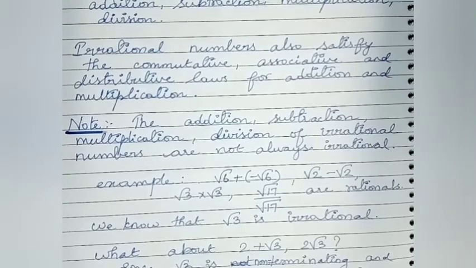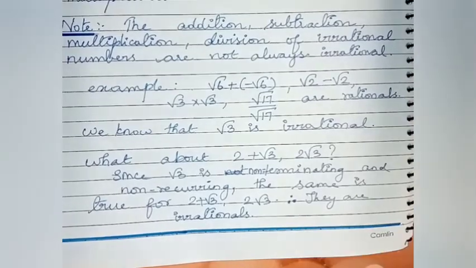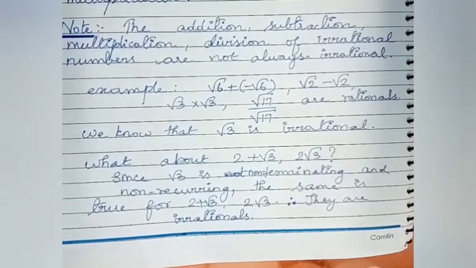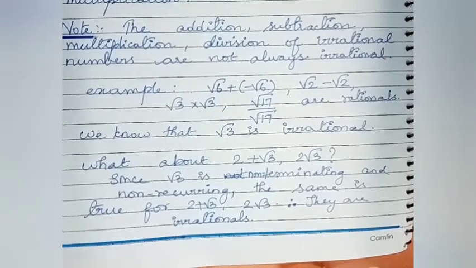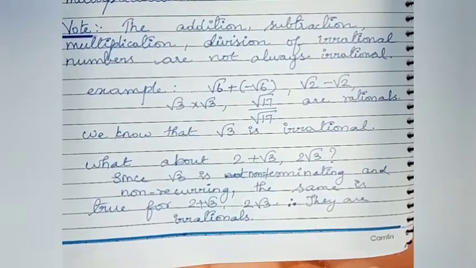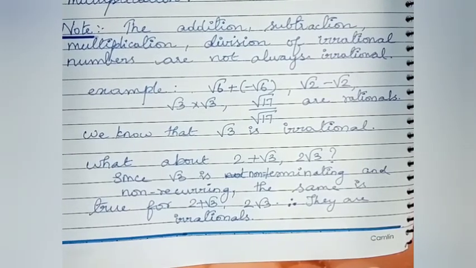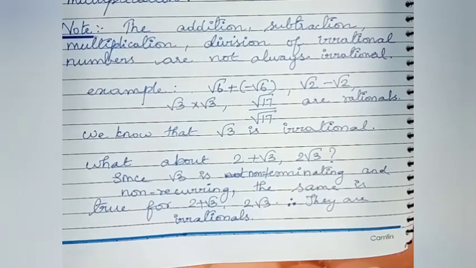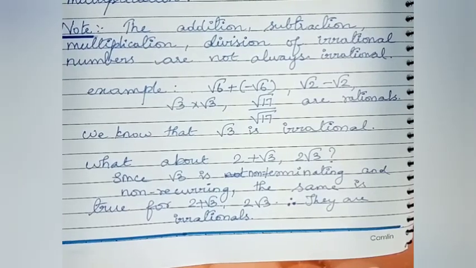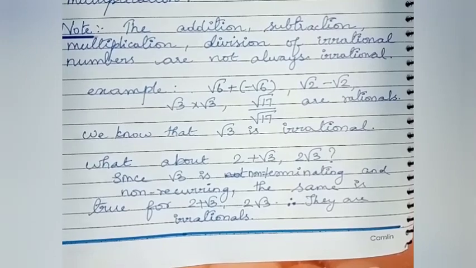Consider another example. We are multiplying root 3 with root 3. We know that root 3 is an irrational number. So root 3 into root 3 gives you 3, which is an integer.